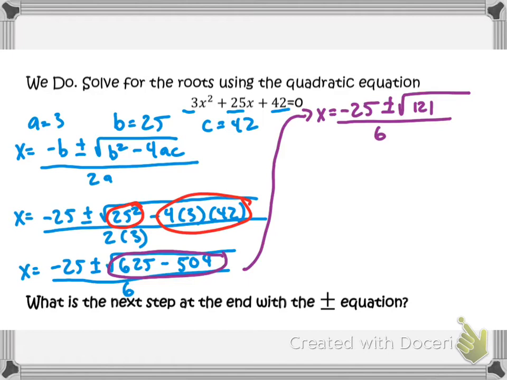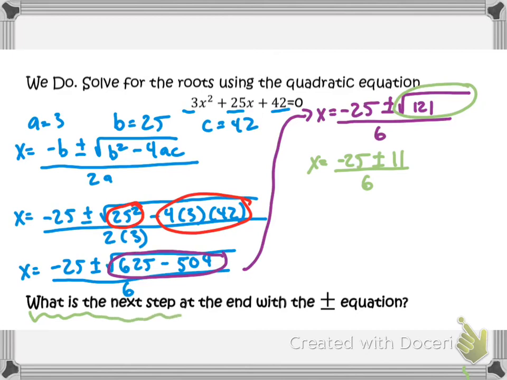Next, what do I do next? Look at it and tell me which one do I do next. If you say simplify the radical, you are correct. So I have X is equal to negative 25 plus and minus 11, because the square root of 121 is 11, over 6.